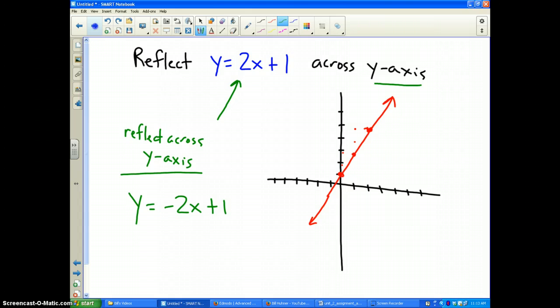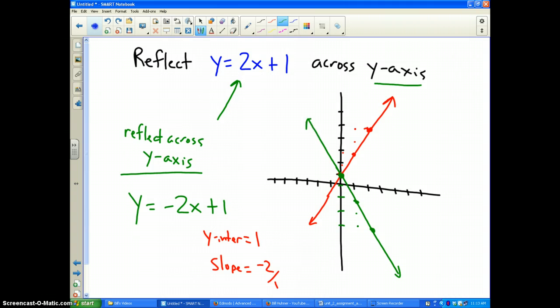Now let's see how that works. Our y-intercept is still 1, but now our slope is equal to negative 2 over 1. So now I'm going to graph this in green. The y-intercept is still 1, but now I go down 2 and over 1, down 2 more, and over 1. And there is my graph.